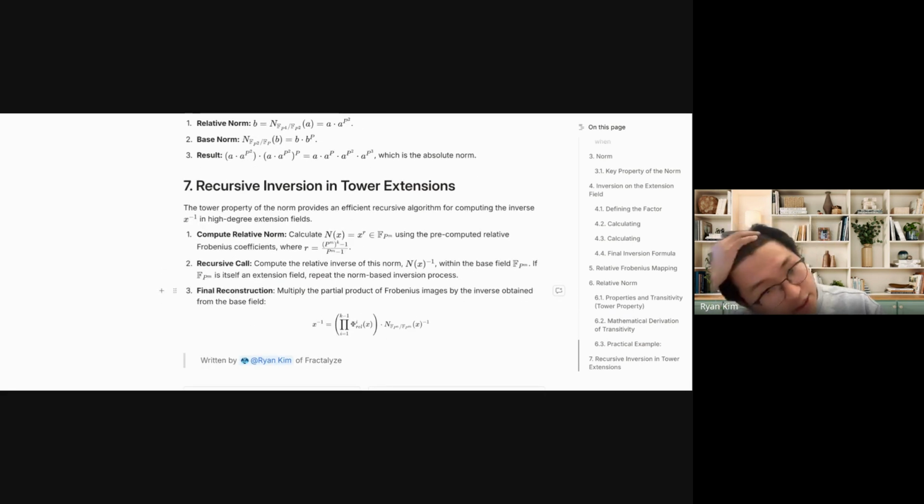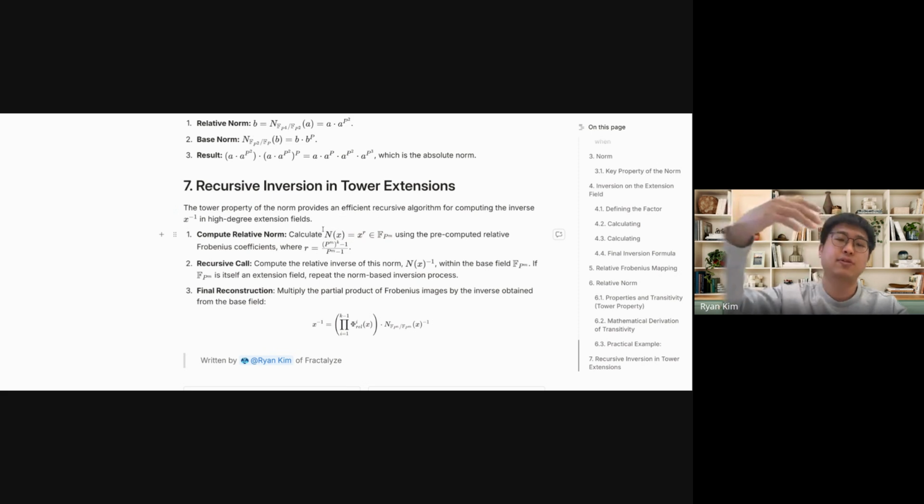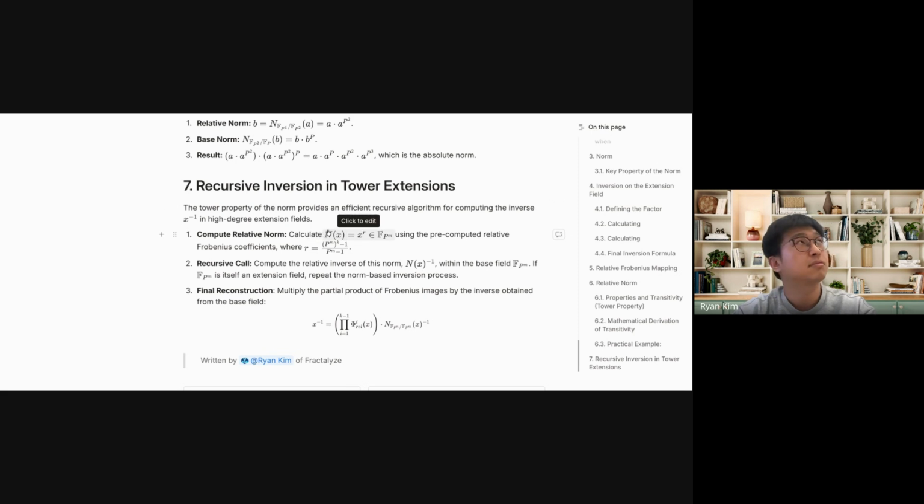In that case, Frobenius-based inversion also needs to use the relative norm instead of the absolute norm. So if you go back to the inversion in just the extension field, this guy was the absolute norm, but instead of this, we compute the relative norm, and then the rest of the process will be the same.